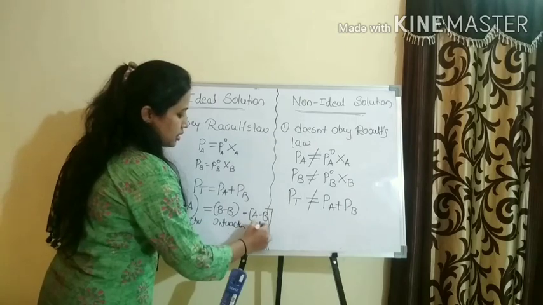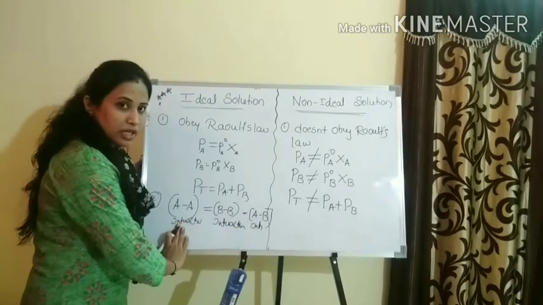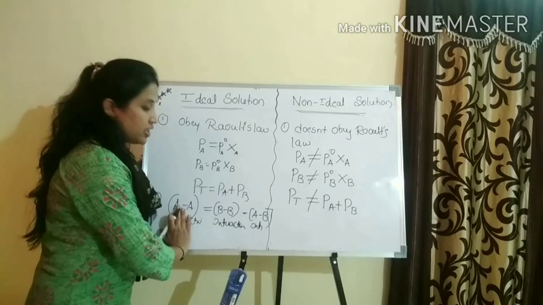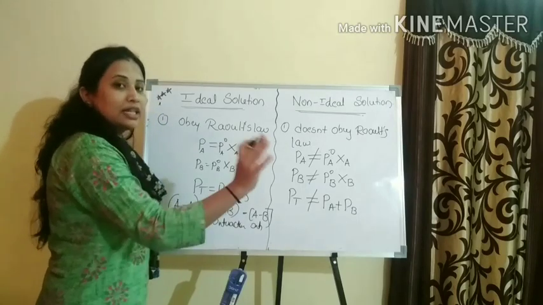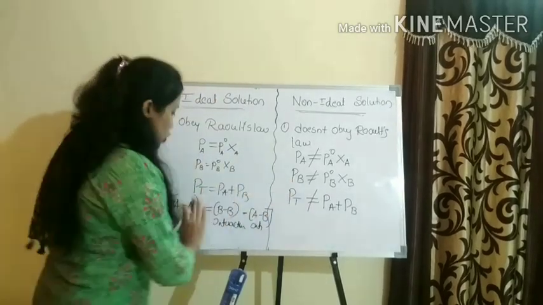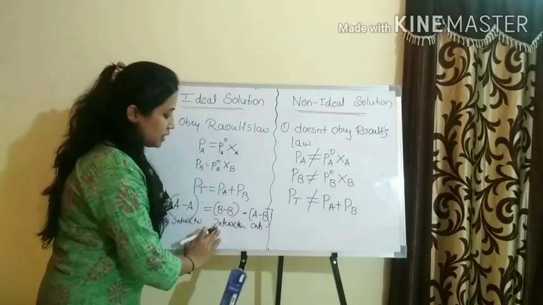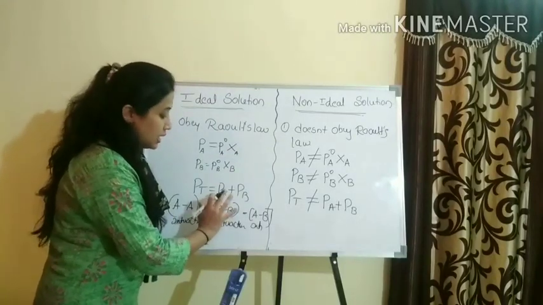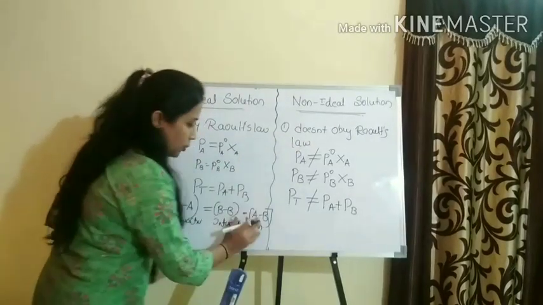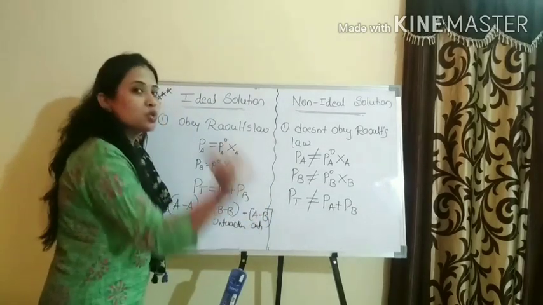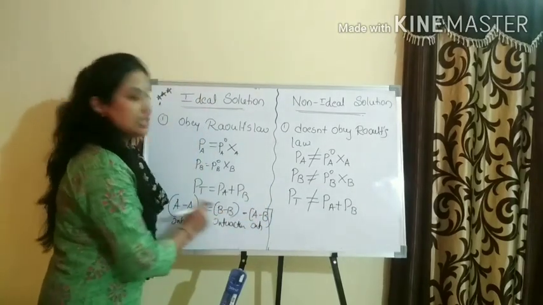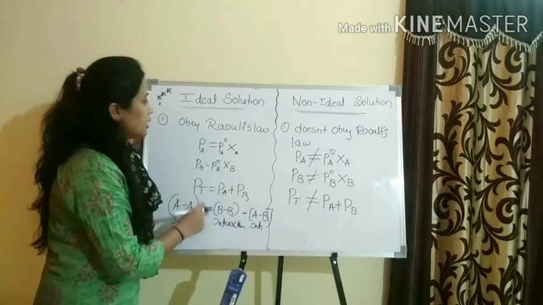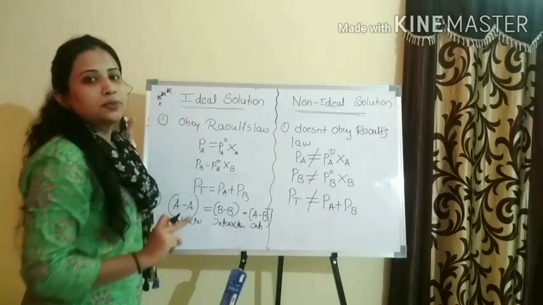Whatever force of attraction exists between the AA components before mixing should be equal to the BB interaction before mixing, and even when we mix A and B, their interaction should also be equal to these. Then it obeys Raoult's law.